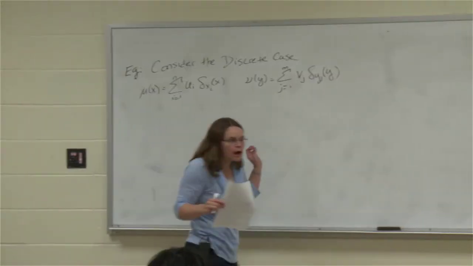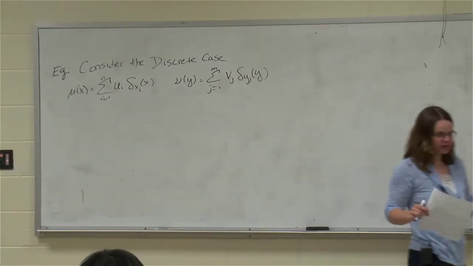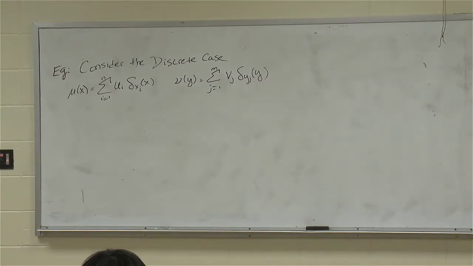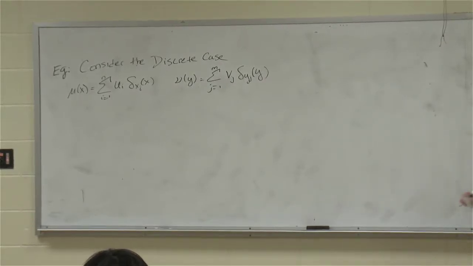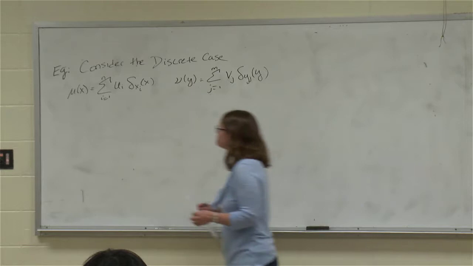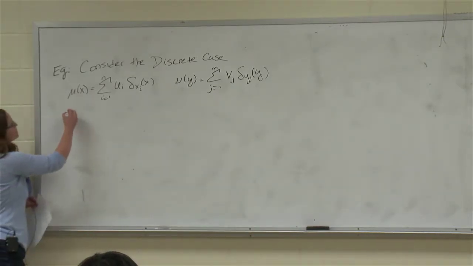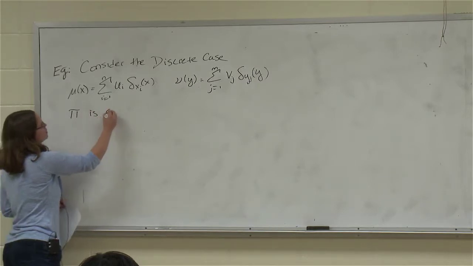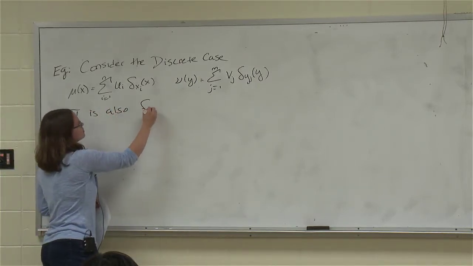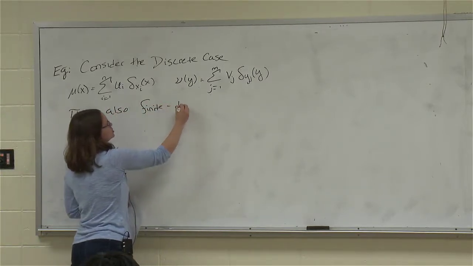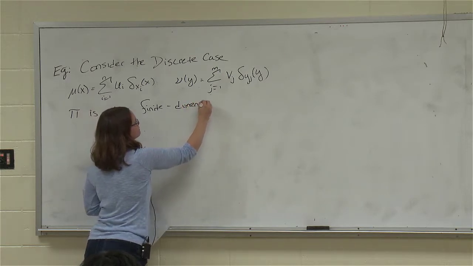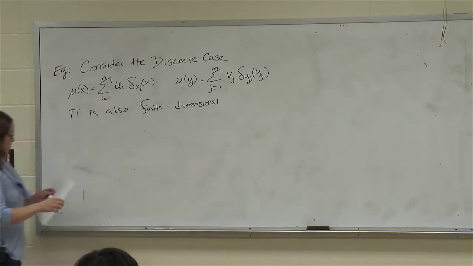As before, we're going to be looking for this measure pi that tells us what our transport plan is. So pi is also going to look finite dimensional. And what does this mean?